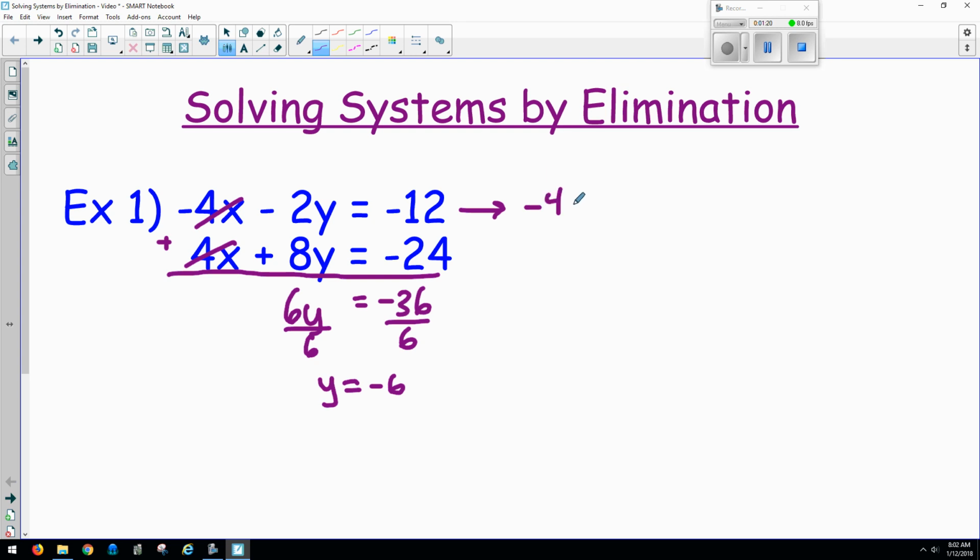So I'm just going to take the first equation here and substitute in for y. And solve.